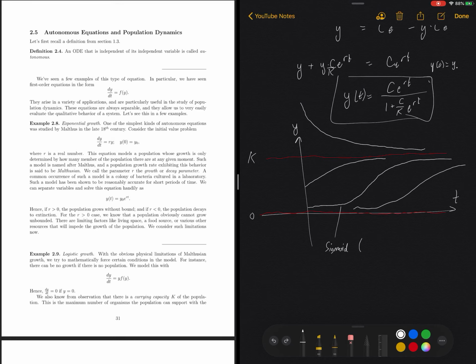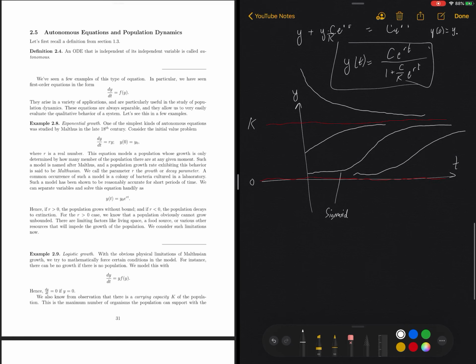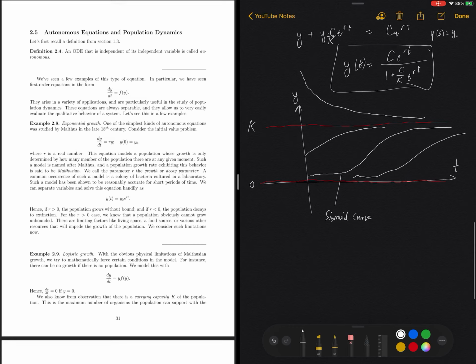And all of these curves are called sigmoid curves. Sigmoid because they look like sigmas. They look like Greek S's, or they look like S's, not Greek S's, but yeah. So the point is that we're using Greek to explain a Roman letter phenomenon, which is kind of weird. But anyway, this is a sigmoid curve, and this is indicative of logistic growth.